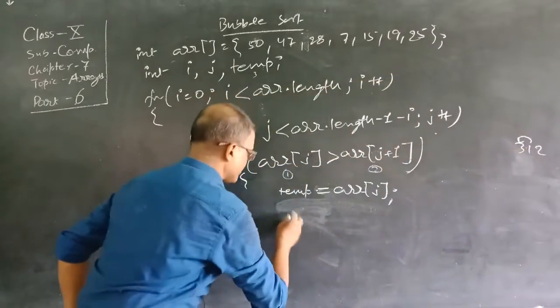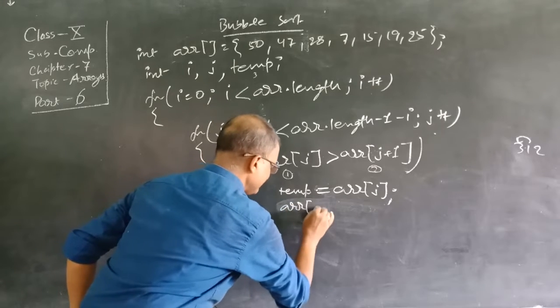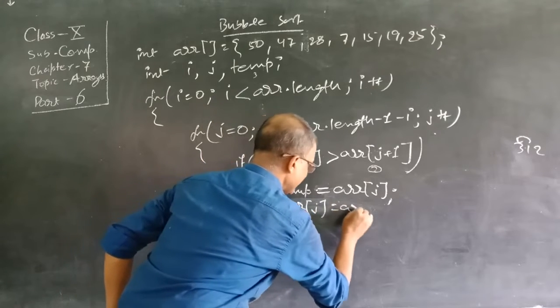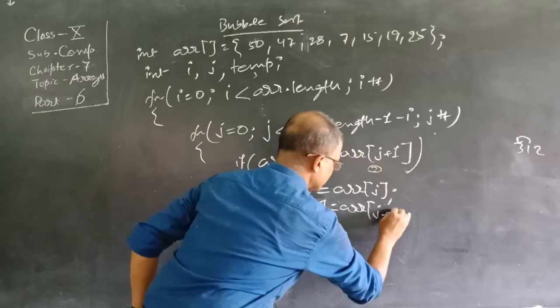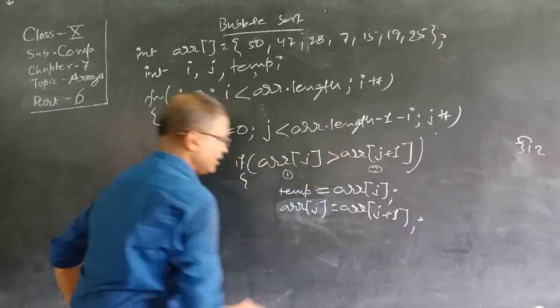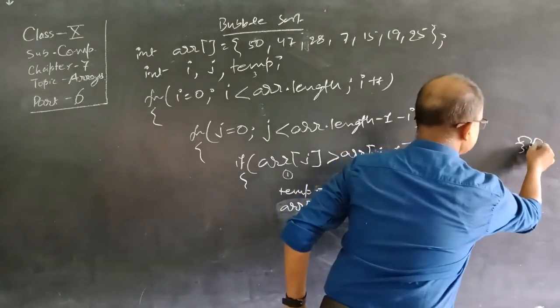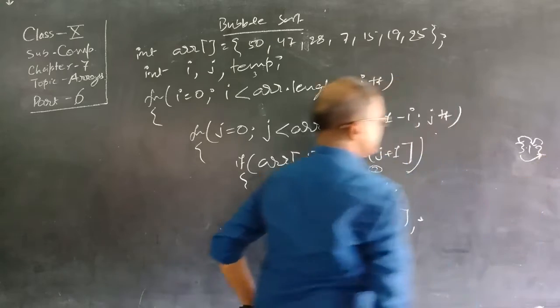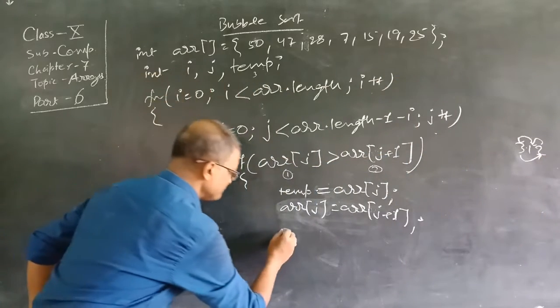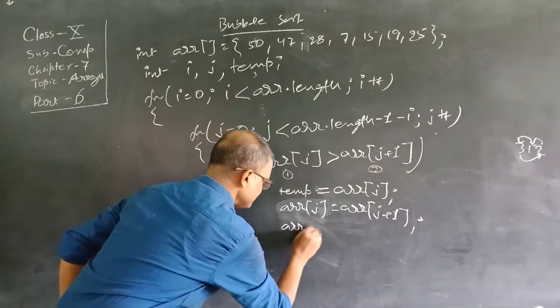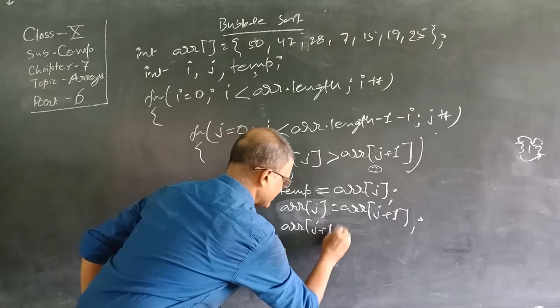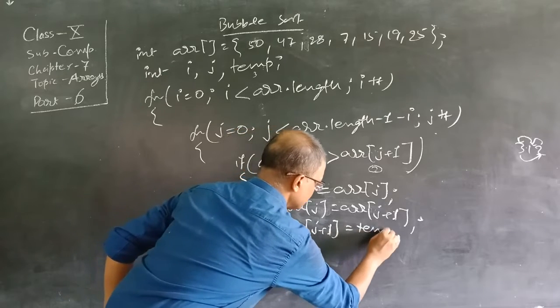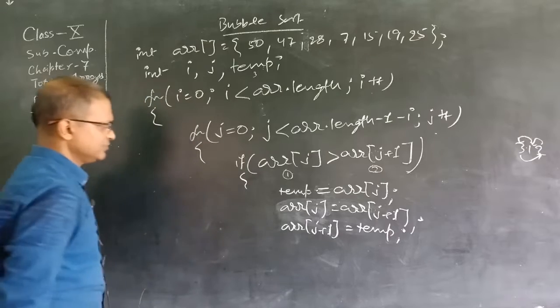Second is to be stored in first, so arr[j] equal to arr[j+1]. And finally, third is to be stored in second, so arr[j+1] equal to temp.